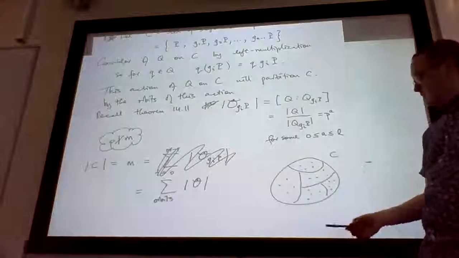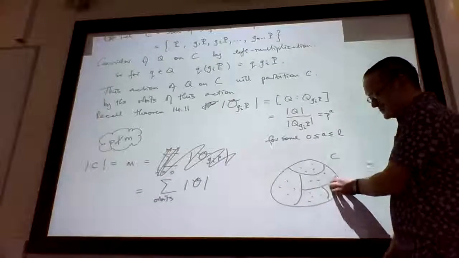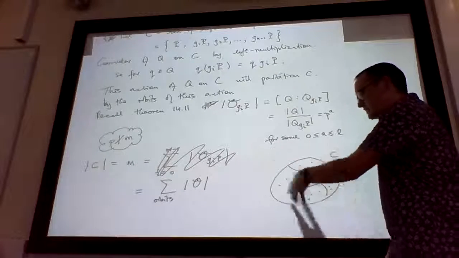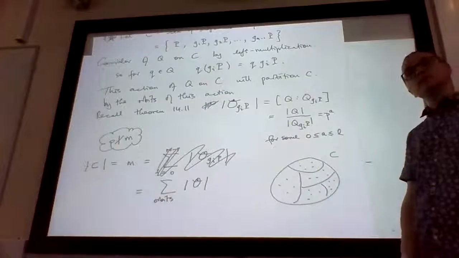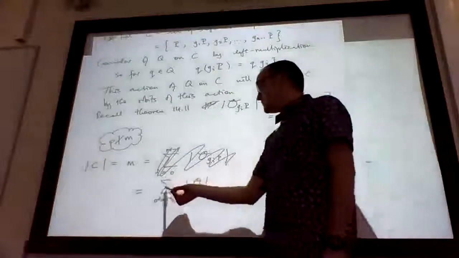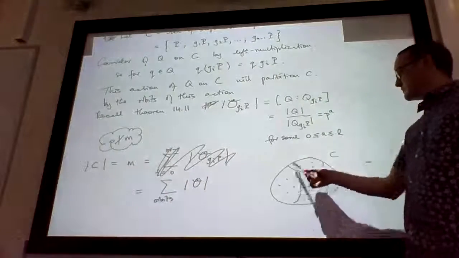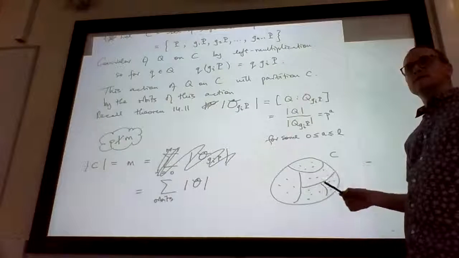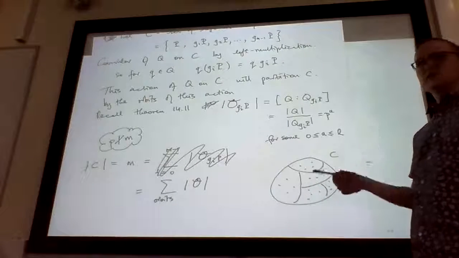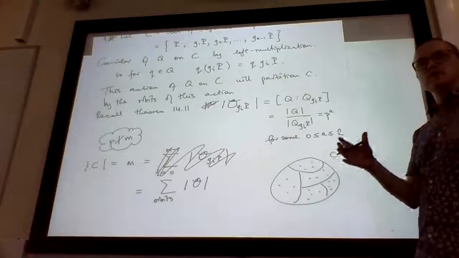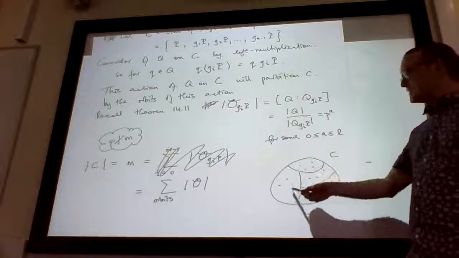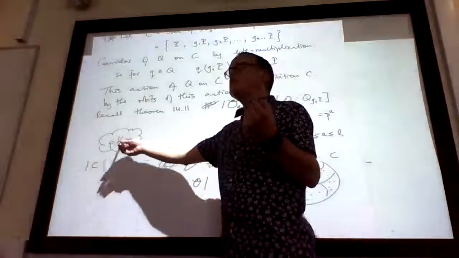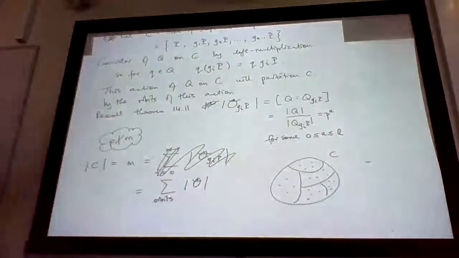Why? Because if they're all divisible by p, the total count, which is the sum of the counts of these cells, will be divisible by p. So if each orbit is non-trivial, size bigger than 1, the size of each orbit is divisible by p, which implies p divides m. But we know p does not divide m.